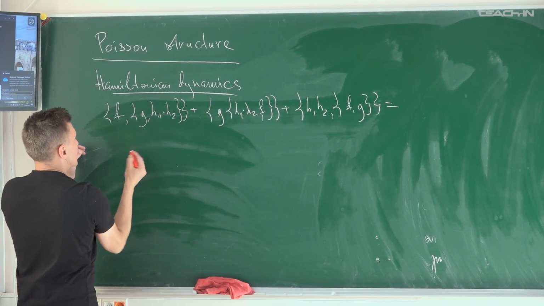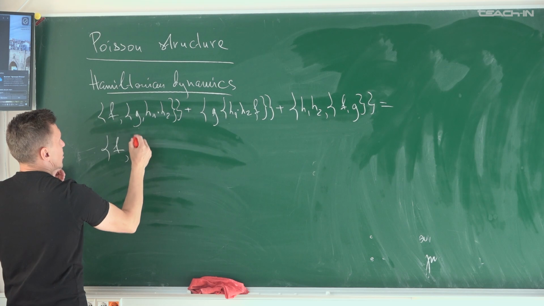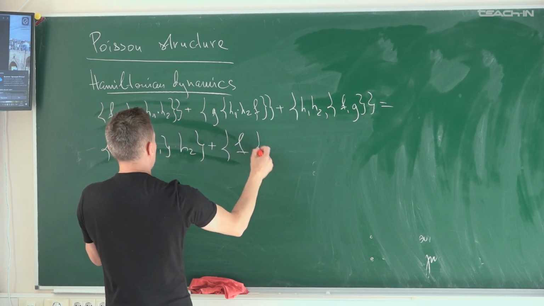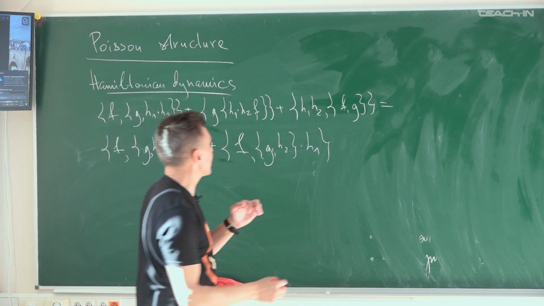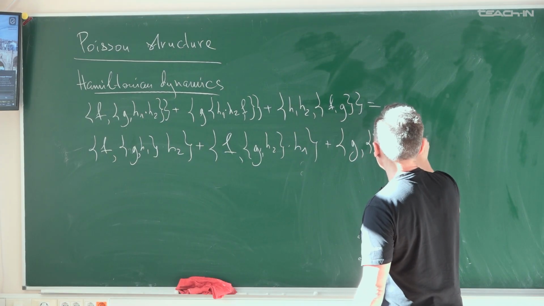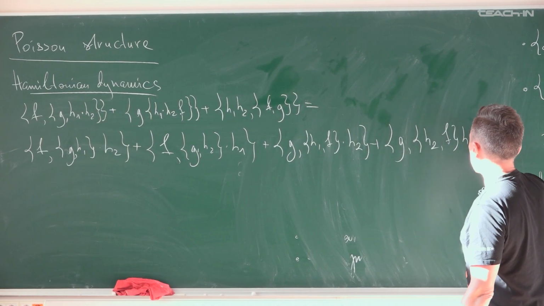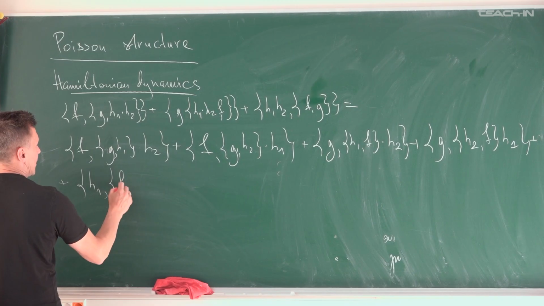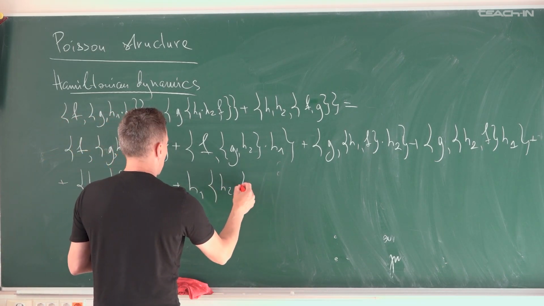It is equal, here by the Leibniz rule, f multiplied by the Poisson bracket {f,{g,h1}} multiplied by h2 plus {f,{g,h2}} multiplied by h1, okay, plus {g,h1}{f,h2} plus {g,h2}{f,h1}, plus h1{f,g}h2 plus h1h2{f,g}.